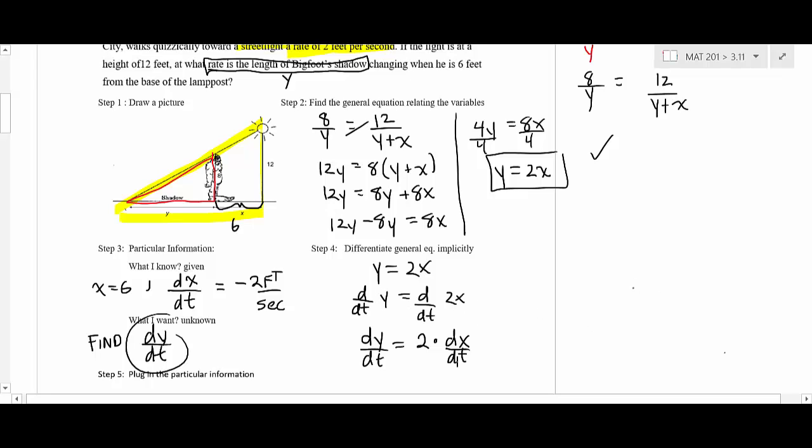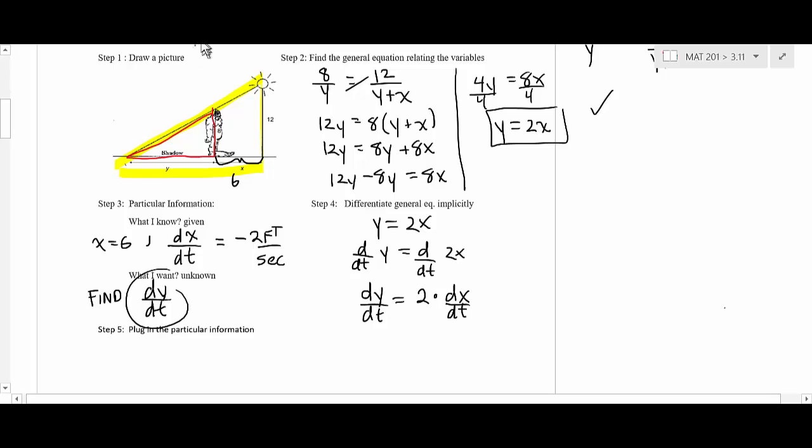Okay, so now what you're ready to do is you're ready to plug in the particular information. All right, so what we end up having on this is there's only one thing that we got to plug in, and that's that. Do you know what dx over dt is? Yeah, that was something you were given, so you plug it in.